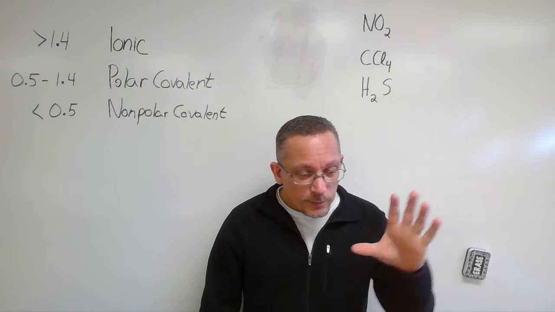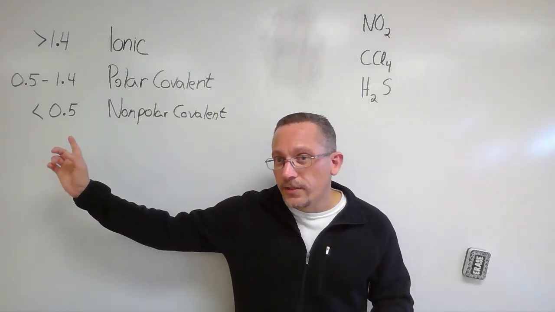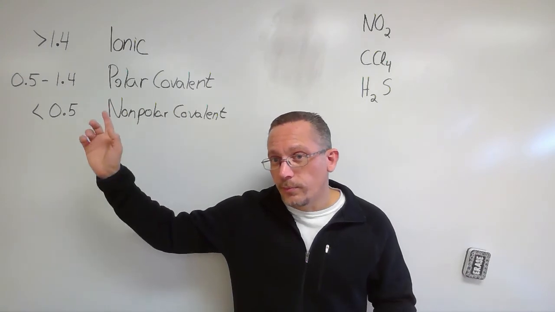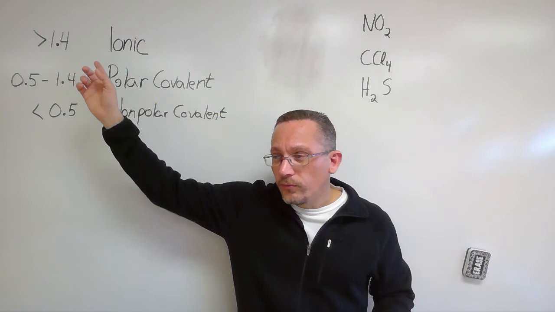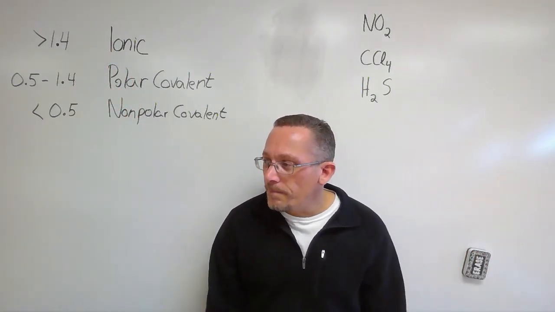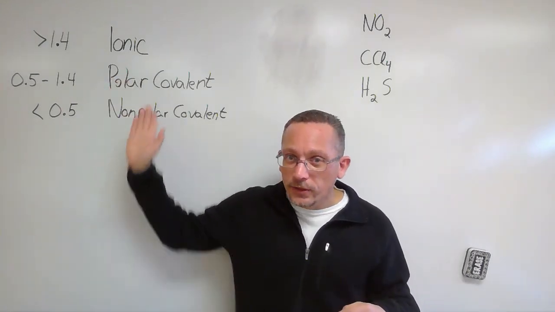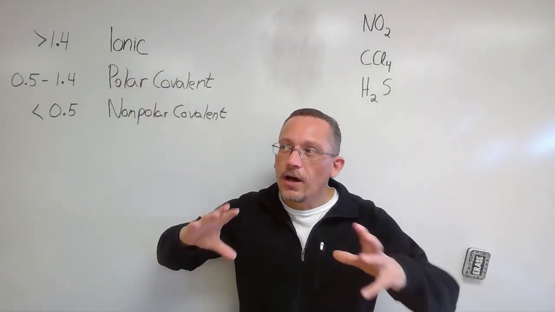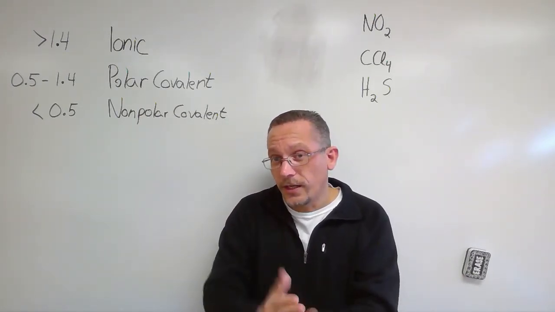The other note is sometimes people will ask me, what if you get exactly 0.5? Which one is it? Is it polar or is it nonpolar? Or what if you get exactly 1.4? Which one is it? Is it ionic or is it polar? And what I would say is these particular categories aren't exactly all that clear cut, right?